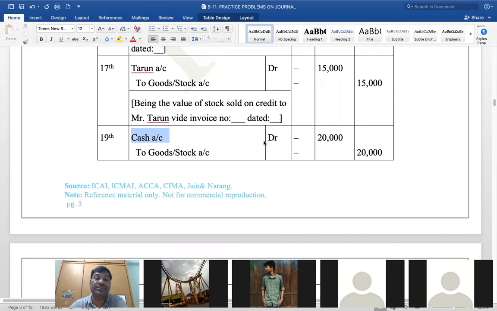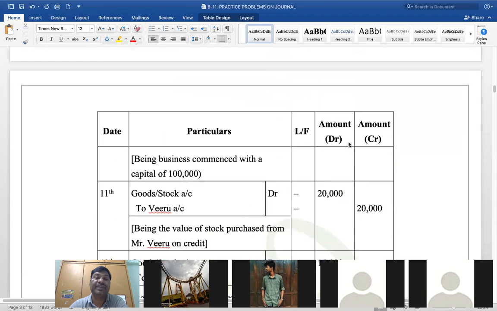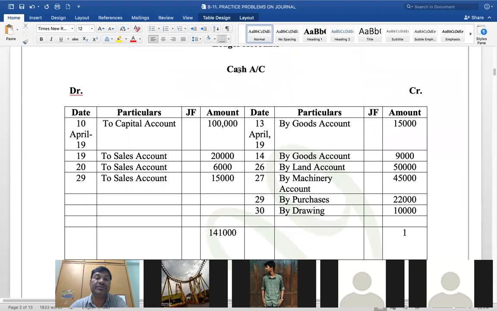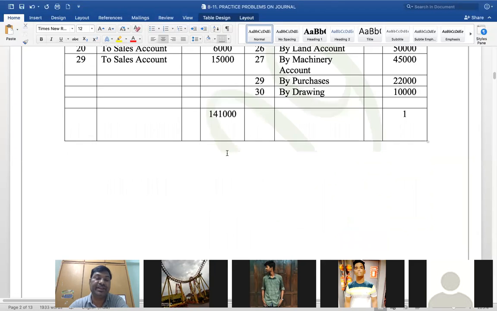Cash account debit to sales account, goods are sold, 20,000. Right? Okay, next.